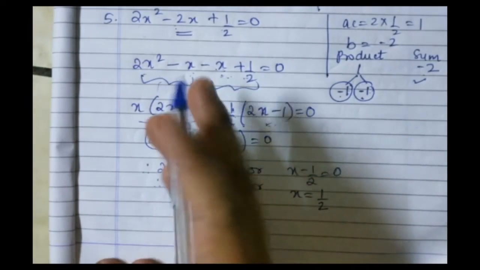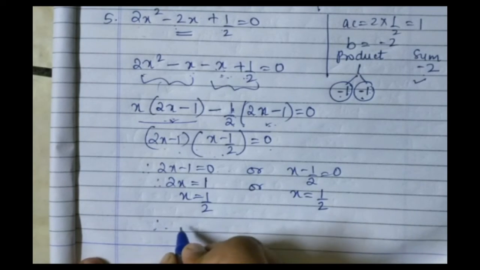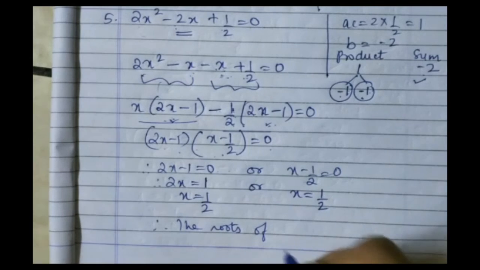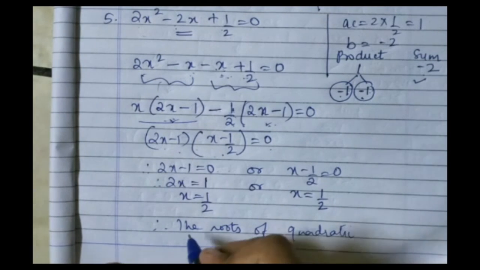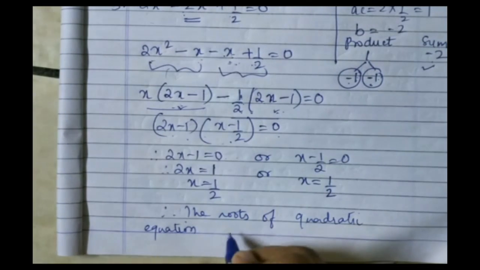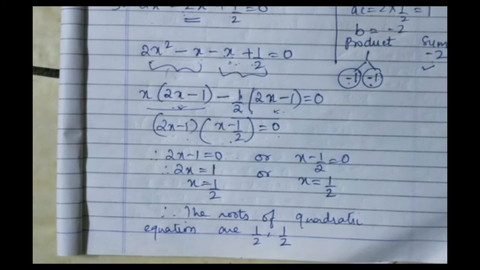So the roots for this quadratic equation are half and half. Therefore the roots of the quadratic equation are half comma half.